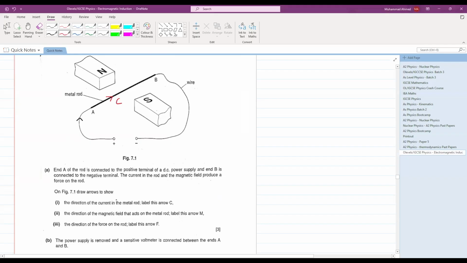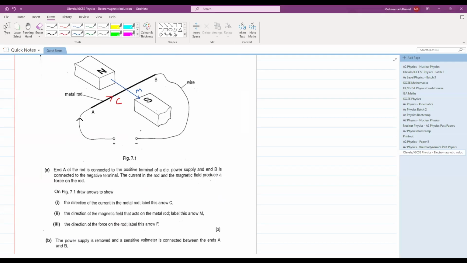Okay. The direction of the magnetic field that acts on the metal rod, label this arrow M. Okay, so the magnetic field will be like this. This is your arrow M. Okay. If your magnetic field is flowing like this, current is like this, where will your force act? Can you calculate the force? Yes or no?